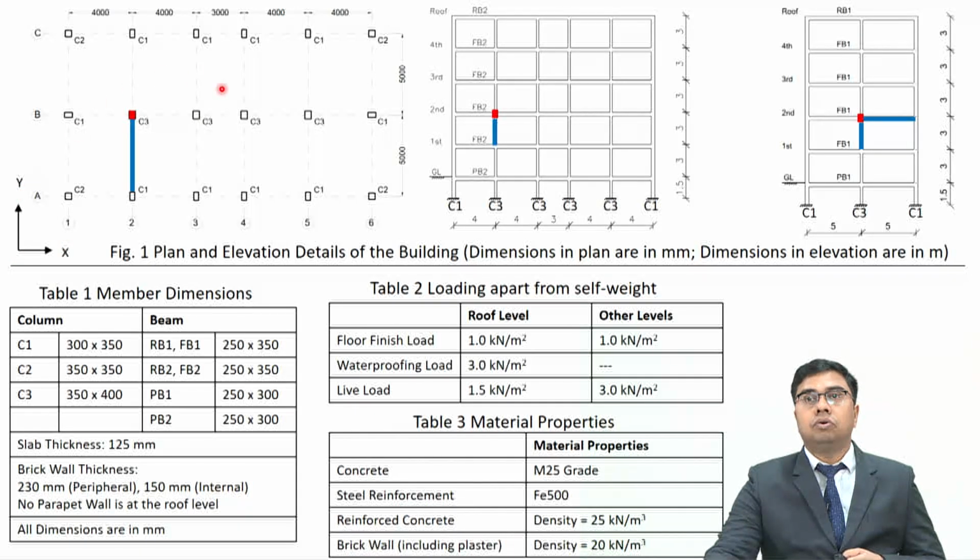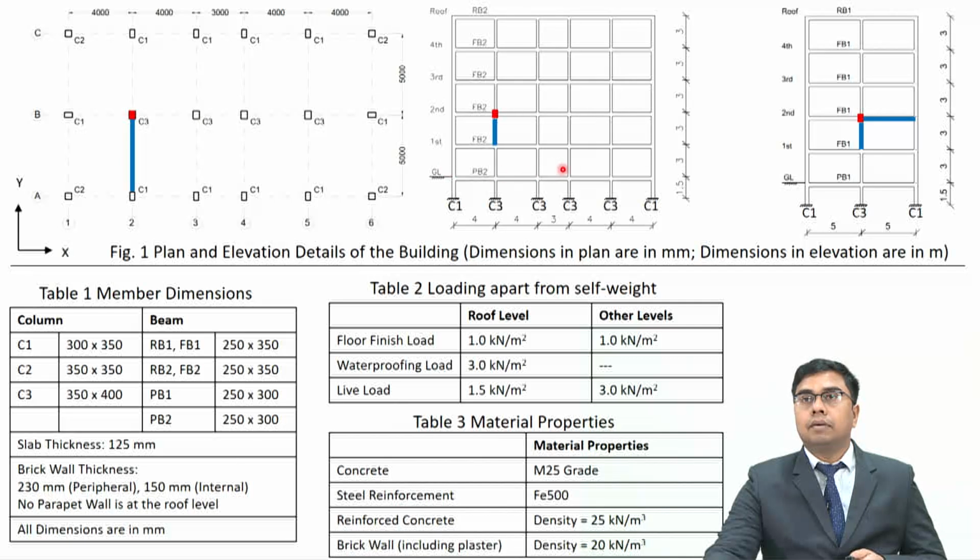So, we will have a total of 18 columns, out of which you can notice that the edge columns are represented as C1, the corner columns are represented as C2 and the internal columns are all represented by C3, because usually the loading is in such a way that the columns at the edge will have some moment apart from the axial compression, while the interior columns will have lesser moment. So, that is why their design is usually different.